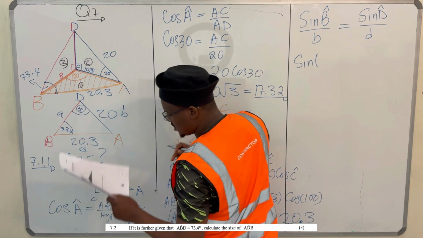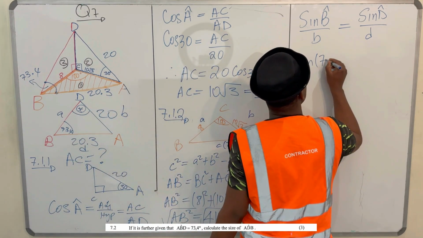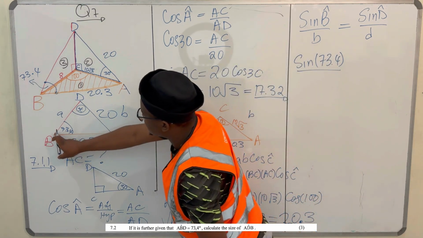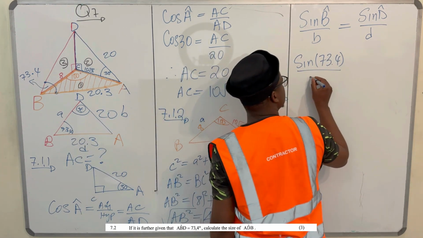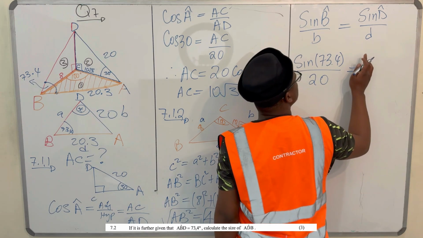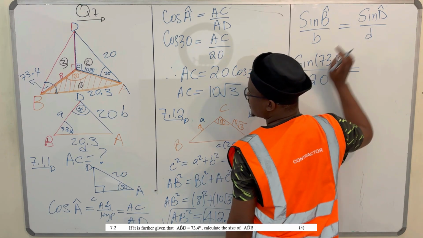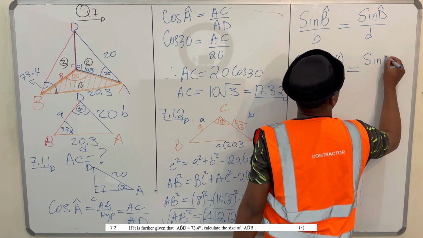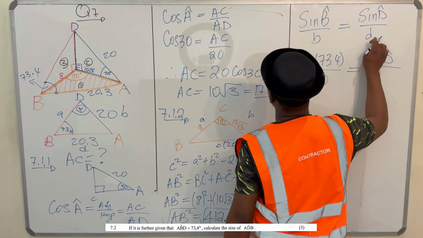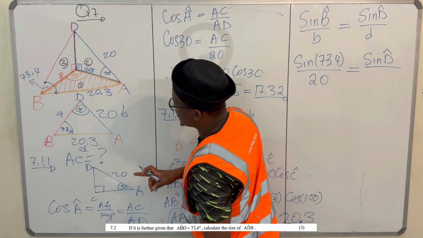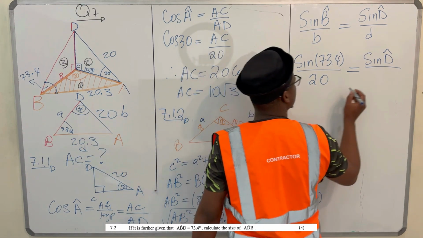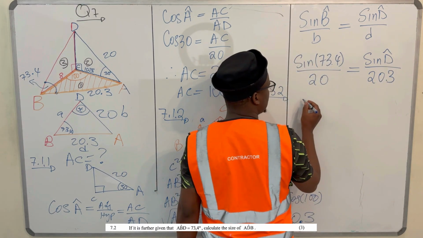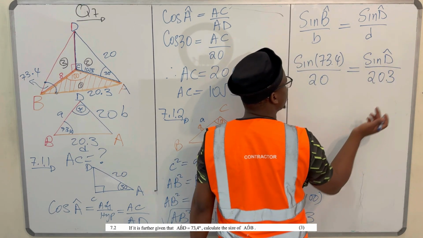Your angle B is 73.4, divided by side b, the side opposite B, which is 20 units, is equal to sine angle D, which is what we're trying to find, divided by the length opposite angle D, which is 20.3. And you solve. So you cross multiply.